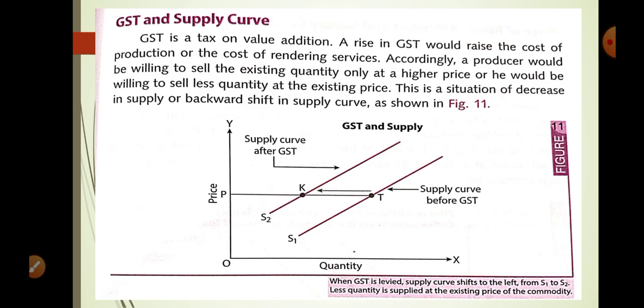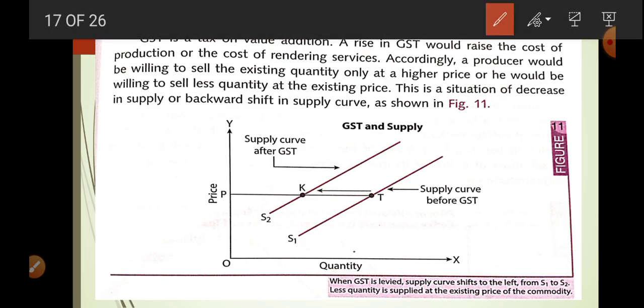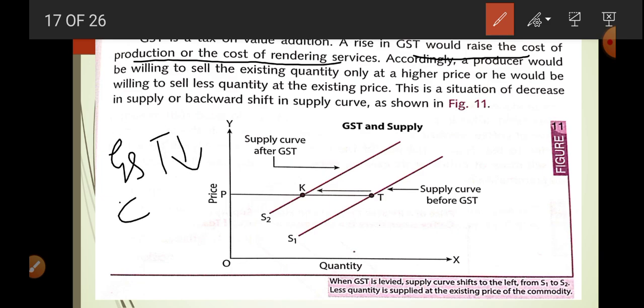Okay. Now GST and the supply curve. GST means tax. If the government is going to increase GST, the cost of production is going to increase, and in response they are willing to sell less. Now if GST is going to be less, the cost of production is going to be less, so they are ready to produce more, and in return supply will increase.